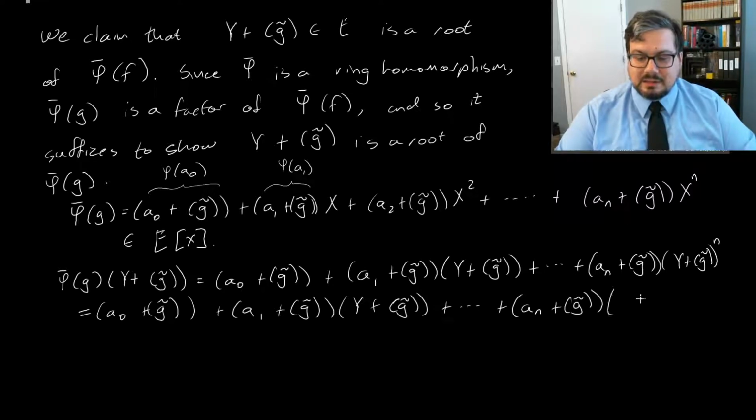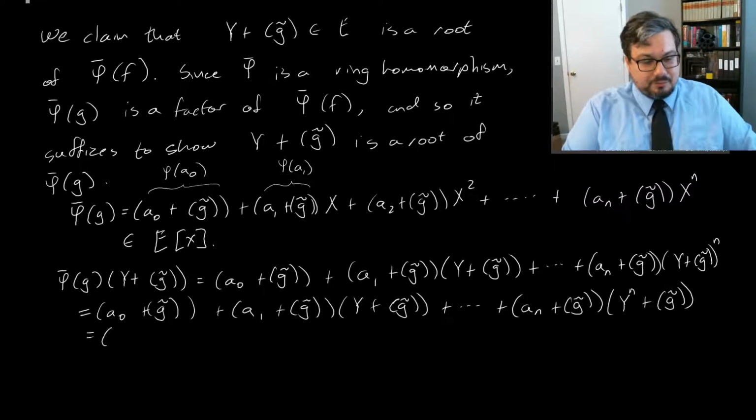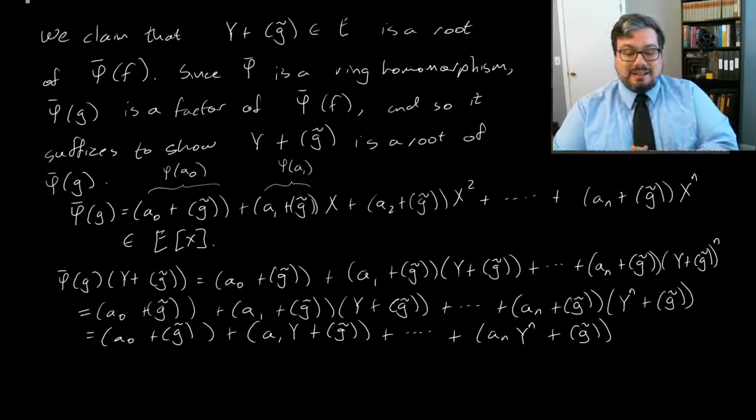So y plus G tilde to the n is the same as y to the n plus G tilde, and the same with y squared, y cubed, etc. So now each of these products, A1 plus G tilde times y plus G tilde, for instance, by definition, are a1y plus G tilde plus etc. plus an times y to the n. This is just what multiplication looks like inside E.